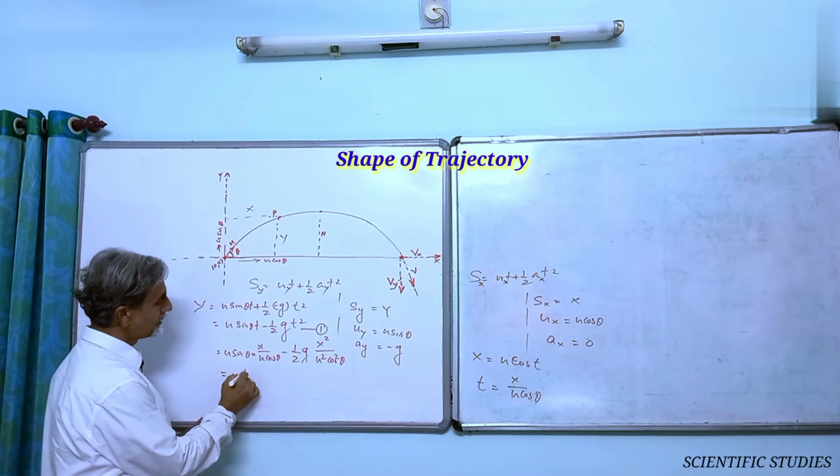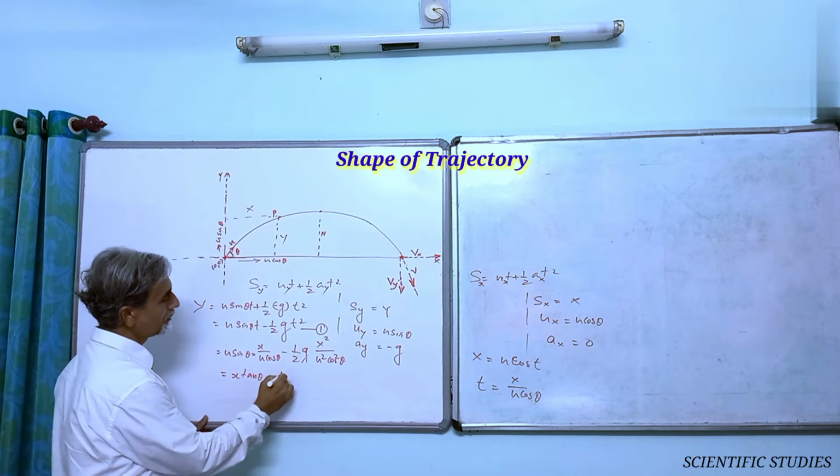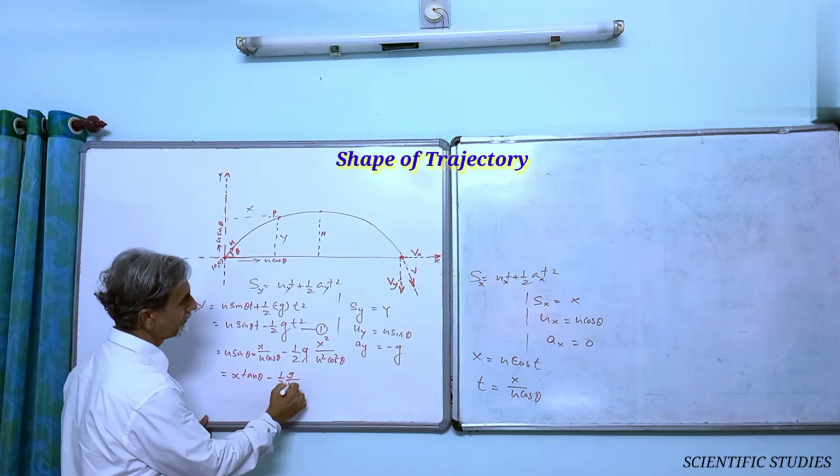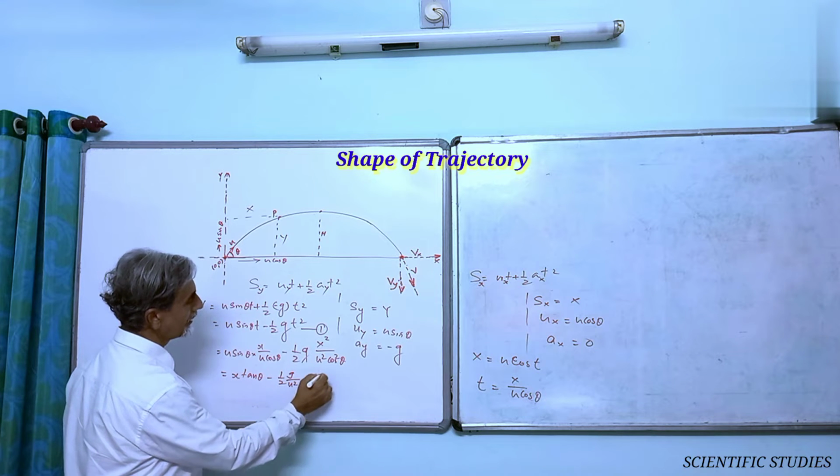That gives y is equal to x tan theta minus 1 by 2 g by u square cos square theta x square.